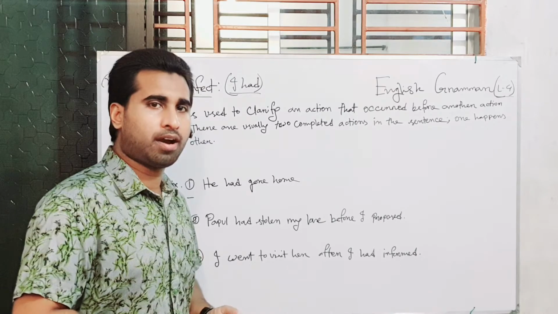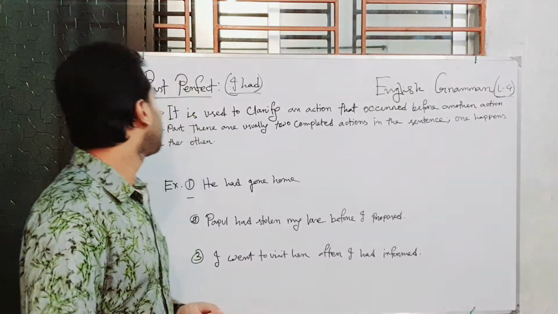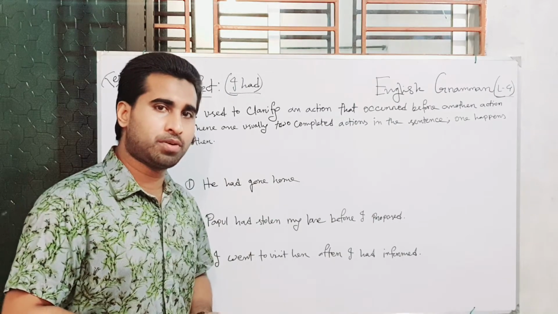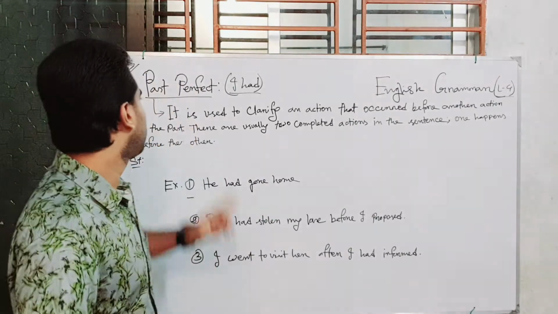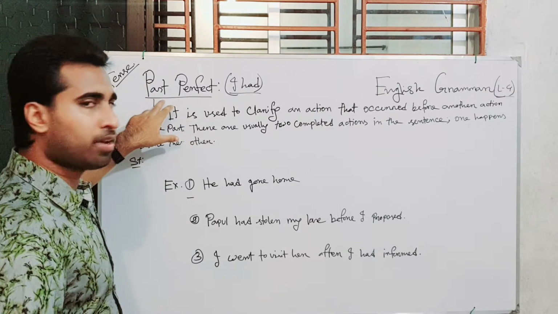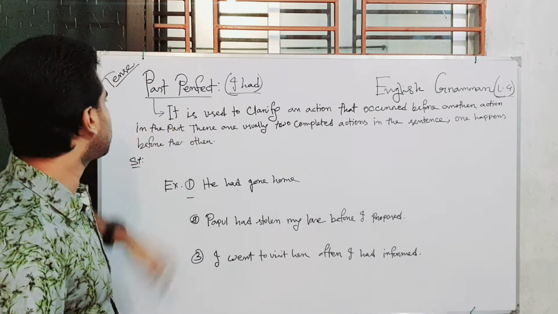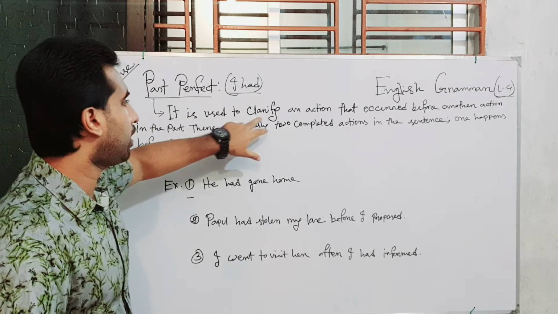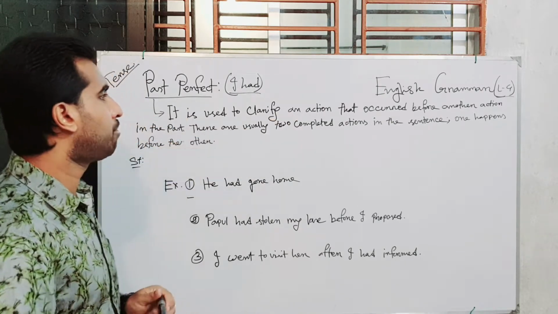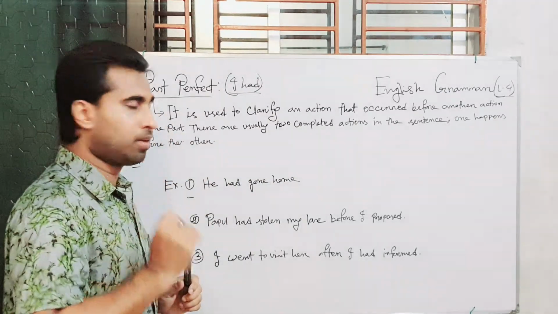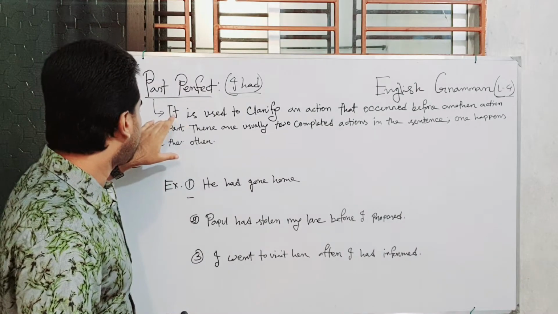Today I am going to describe past perfect and past perfect continuous tense. So, first of all, past perfect. The definition of this tense is: the past perfect tense is used to clarify an action that occurred before another action in the past. Look at this definition.